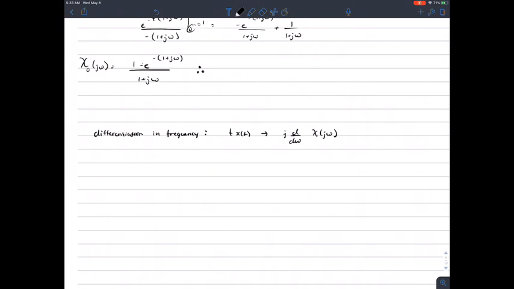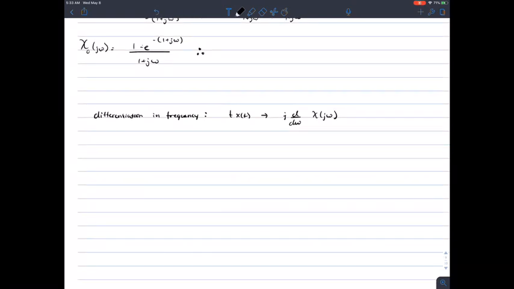So basically you're taking the derivative of x of j omega with respect to omega and multiplying it by j. That should be pretty easy for this. So x of j omega is going to be equal to j d d omega of (1 minus e to the minus (1 plus j omega)) over (1 plus j omega).